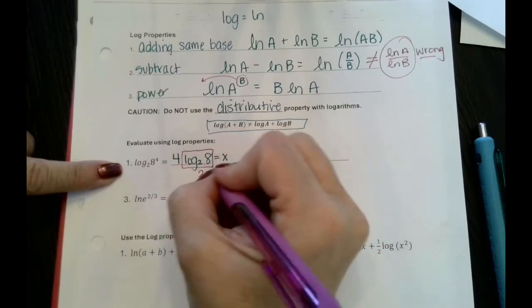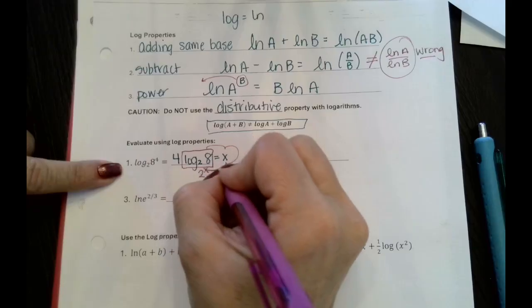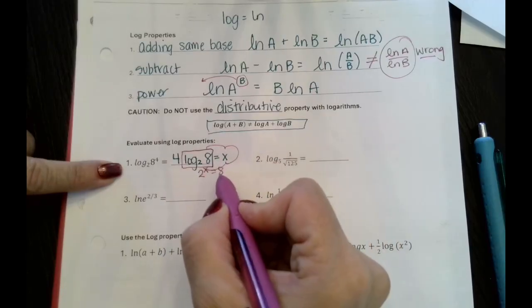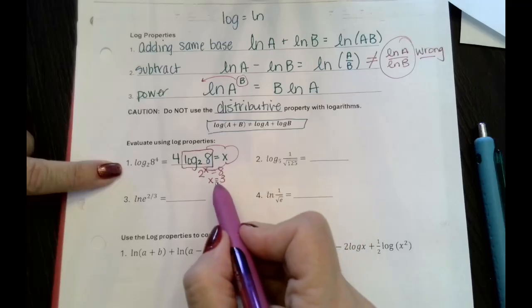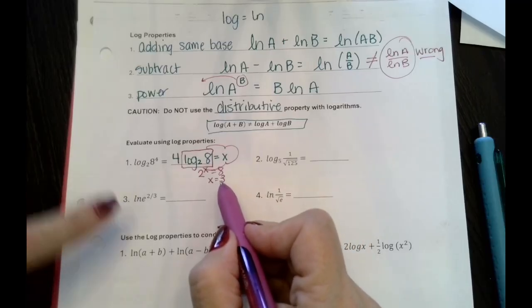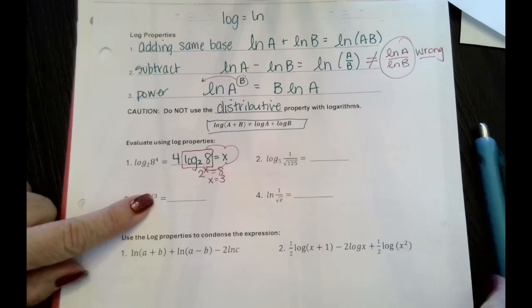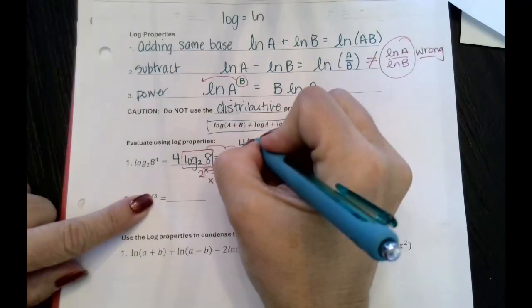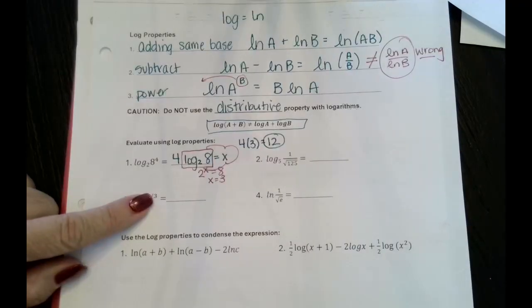So this is saying 2, if I popcorn this out, so 2 to the x equals 8. So that means this is 3. 2 cubed gives me 8. So if I go back up here, what I have now is I have 4 times 3. So the solution to this is going to be 12.